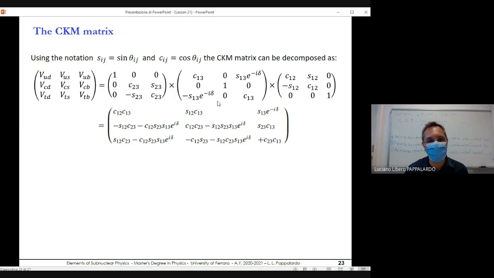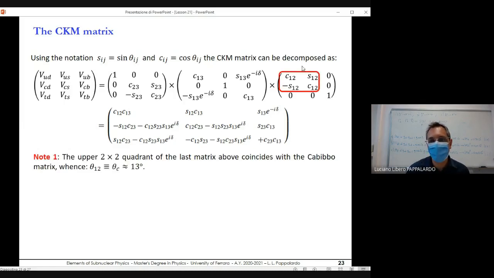So this is the full picture of the CKM matrix in terms of the cosines and sines of θ12, θ13, θ23, and the delta phase. Now, the 2x2 block that you see here in the last piece is exactly the Cabibbo matrix. So the Cabibbo matrix is, of course, a part of the CKM matrix.